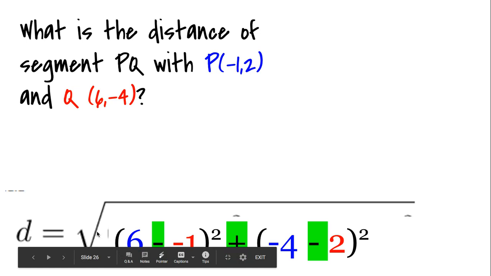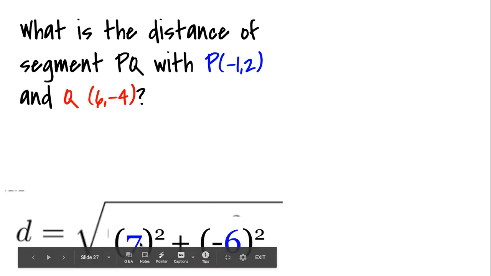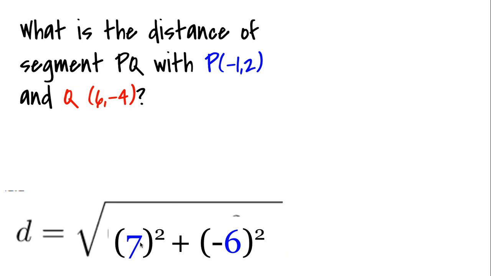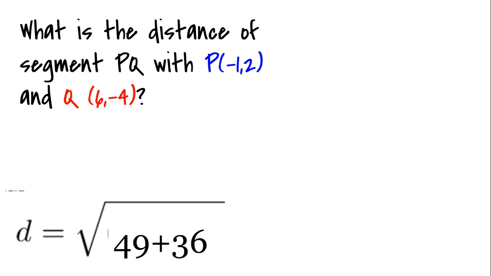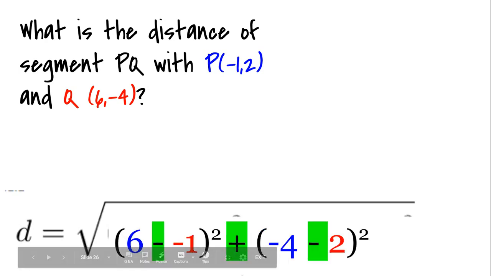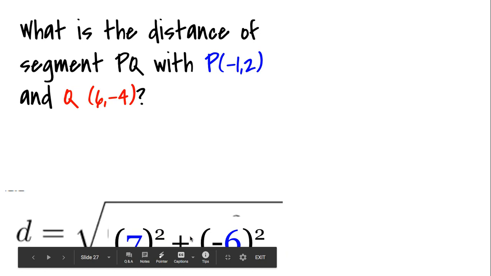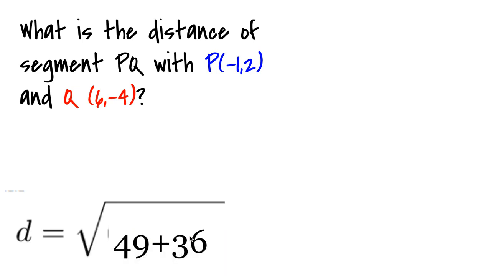You can either plug this whole thing into your calculator or take it step by step, perhaps simplifying inside of the parentheses and squaring it. Making sure again to use the correct sign and the negative in front of our values here for -4 and -1. Adding these together, you get 85.